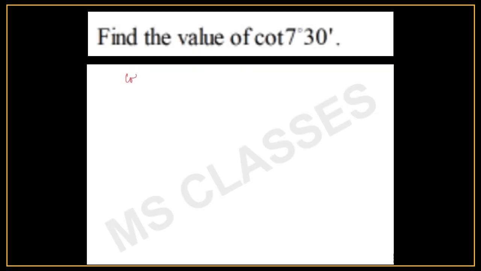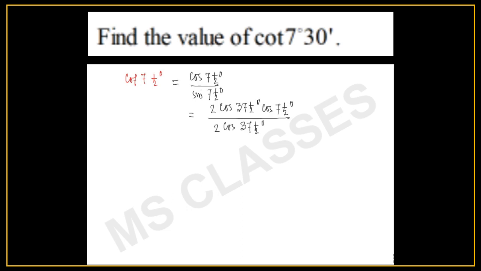We take cos 7 and half degree. We have to find the value of cos 7 and half degree. Now here, first of all, we split up cos 7 and half by sin 7 and half. Now we multiply numerator and denominator by cos 37 and half. Why? Because when 37 and half is added to 7 and half, or 7 and half is separated from 37 and half, it gives us a standard result.